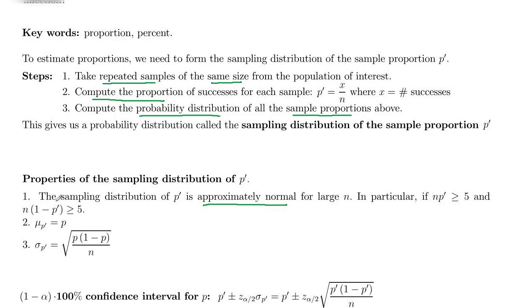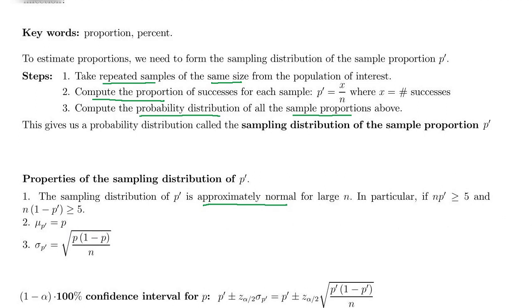Both need to be greater than or equal to 5, and that ensures this distribution is approximately normal. That way we can use normal CDF and inverse norm to compute probabilities. Also, the mean of the P prime distribution is P, the population proportion. And the standard deviation of that sampling distribution is the square root of P times 1 minus P over n.